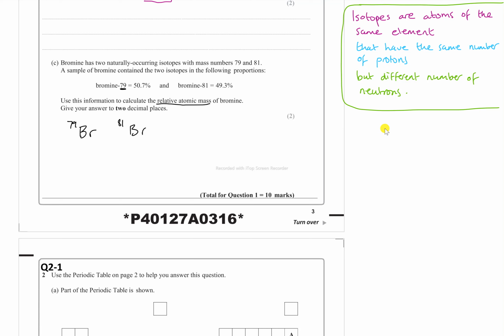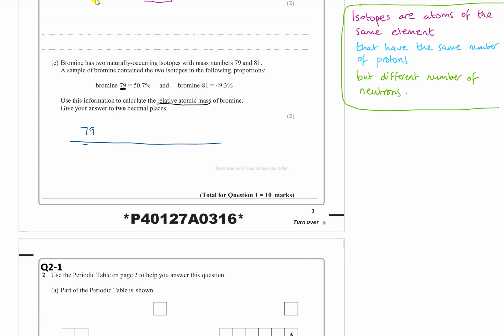The relative atomic mass is 79, the relative atomic mass for this is 81. Just simply get into this habit. Draw a fraction line.